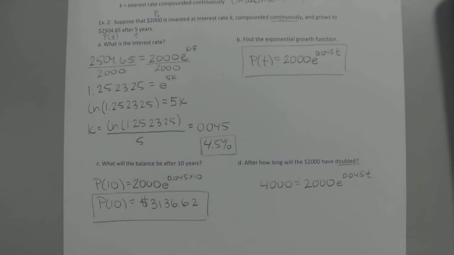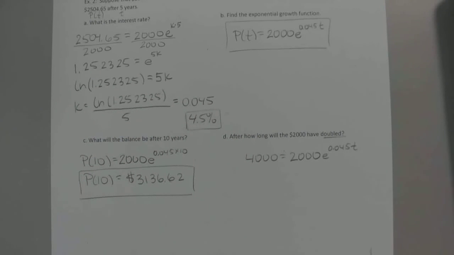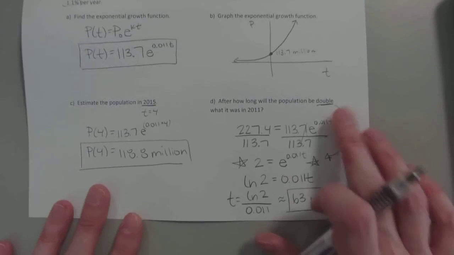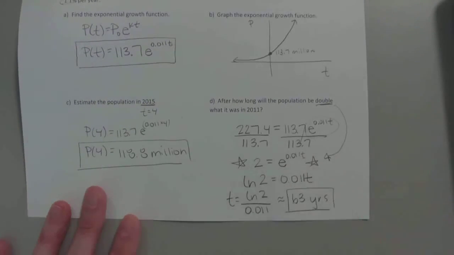What would be our 4,000, right? Doubling that will be 4,000. But what's the first move we're going to make before we try to isolate T? Divide by 2,000 and see what happens when you do that.